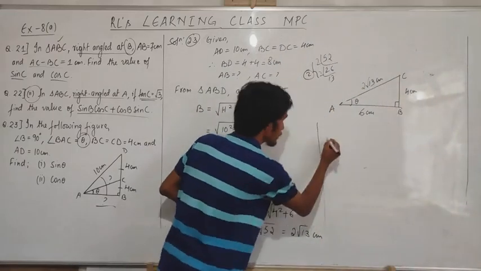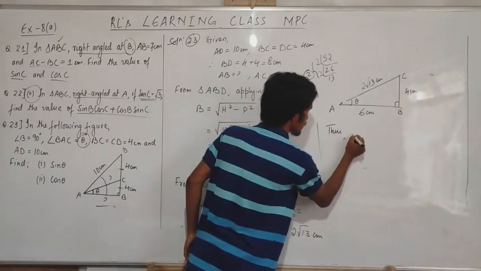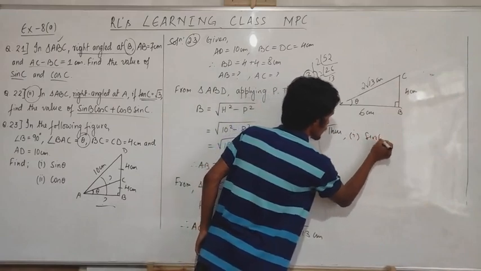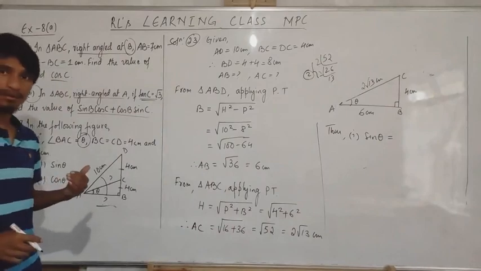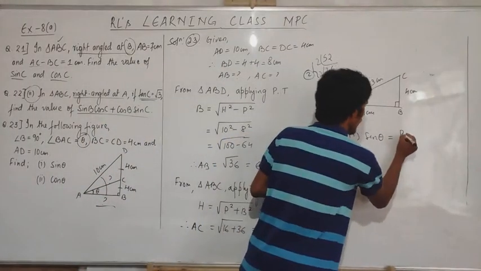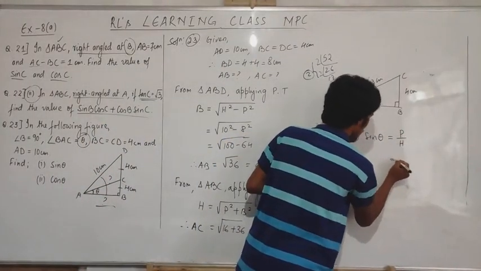Number 1, sin theta. Now what is the formula for sin theta? Sin theta is perpendicular by hypotenuse, that is P by H. Then what is the value of P?